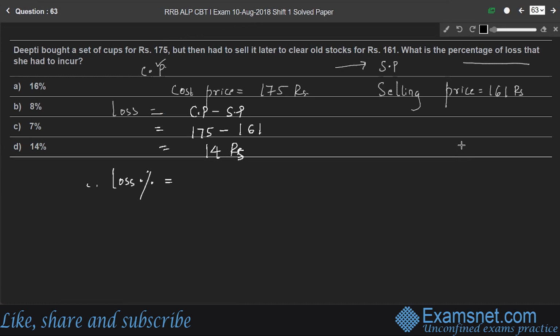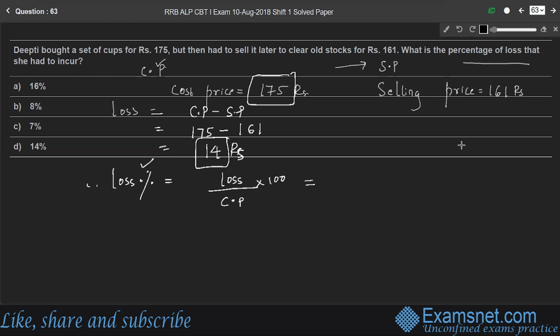Therefore, what is the loss percentage? Loss percentage means for 100 rupees, what is the loss, right? So for 175 rupees, she had to incur a loss of 14 rupees, right? For the cost price of 175 rupees. Therefore, for 100 rupees means loss percentage, right? Loss percentage is nothing but the formula is loss over cost price into 100.